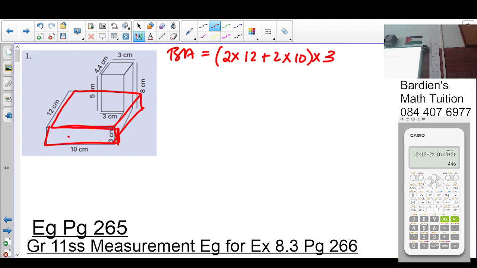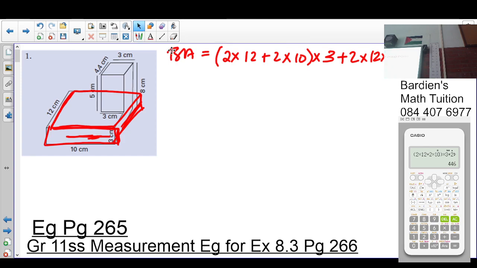So that gives us that part of the object plus twice area of the base, which is basically 2 times length times breadth. My length is 12 and my breadth is 10. Okay.